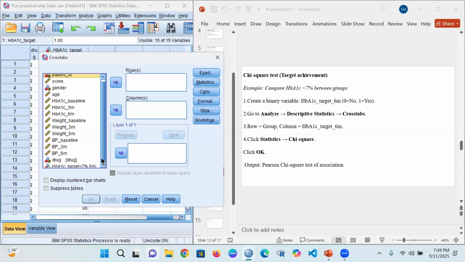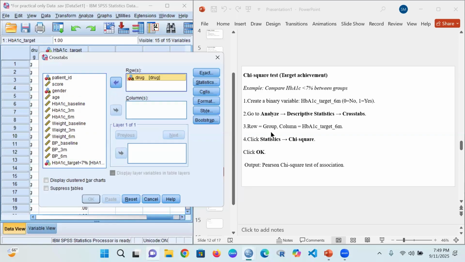Our group now is the drug, in my data written as drug and placebo. The column, I'm bringing in the HbA1c target, the one that we recorded and coded.